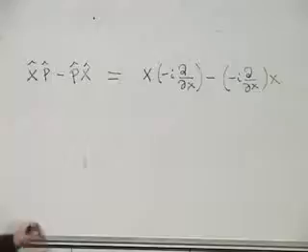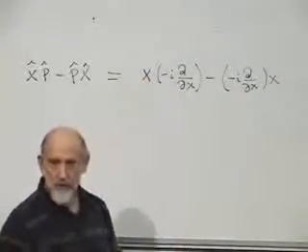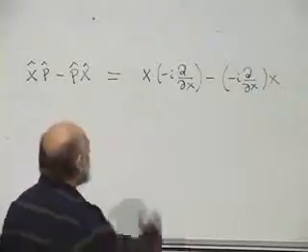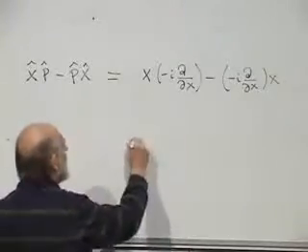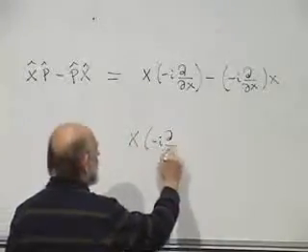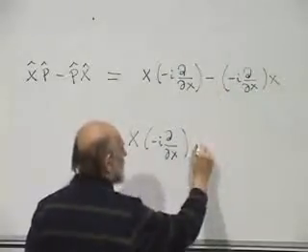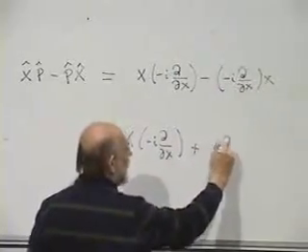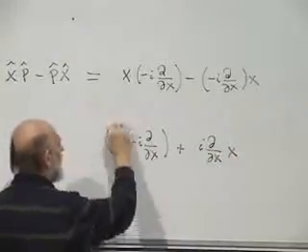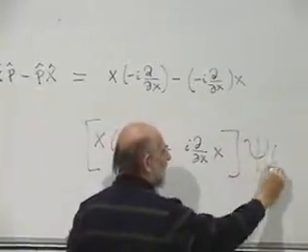Let's try to figure out what this operator is by seeing what it does when it operates on a general function. So let's take this thing, x times minus i d by dx minus, now minus times minus is plus, plus i d by dx times x, and apply it to a function of x, psi of x.